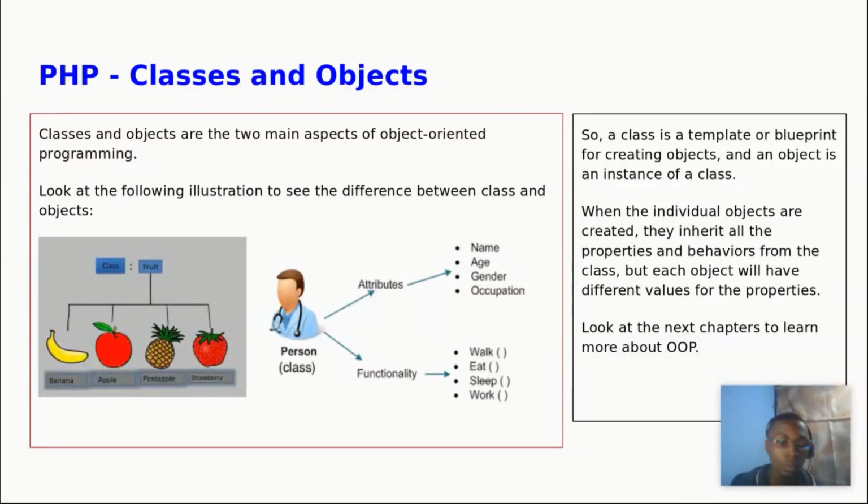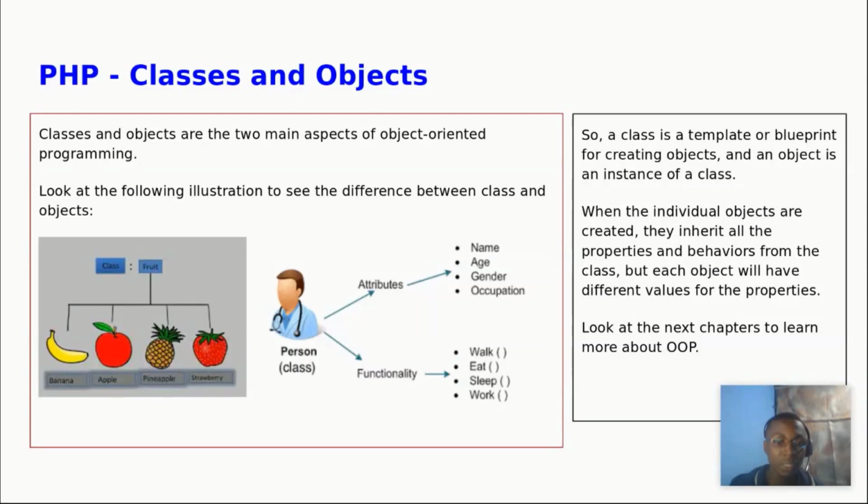Now, I also want you to look at this other diagram, which is the person class. It has attributes. These attributes are likened to variables, and you have the functionalities, which are likened to functions, right? We'll get into some other details of that later, but I want you to note something.